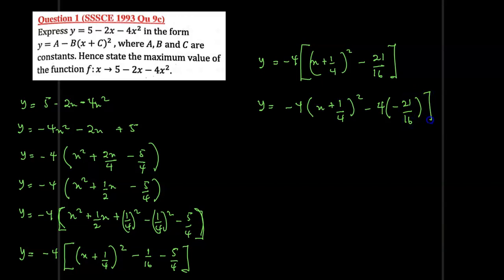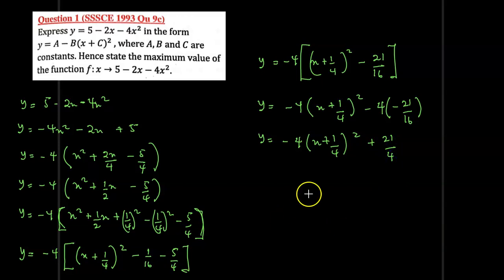So that is actually going to give us an answer of, let me do away with the square bracket here because I've expanded through. So that will be leaving us a final answer of y equal to minus 4 into bracket x plus 1 on 4 all squared, and this will be plus 4 going into 16 4 times, so it will be plus 21 on 4.